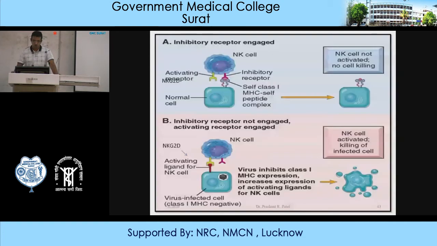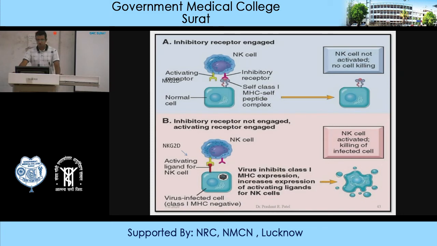So this is the diagram of NK cell function. There are two receptors, activating receptor and inhibitory receptor. Here you can see this is the activating receptor and this is the inhibitory receptor. Now what happens in normal situation? In normal situation, the self class 1 MHC presents self peptide antigen. So when this class 1 molecule is presented, the NK cell binds with inhibitory receptor, not with the activating receptor.